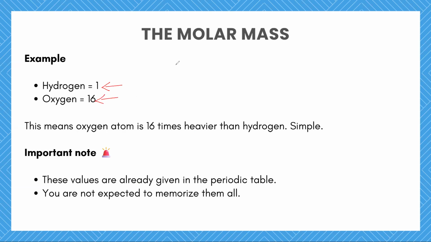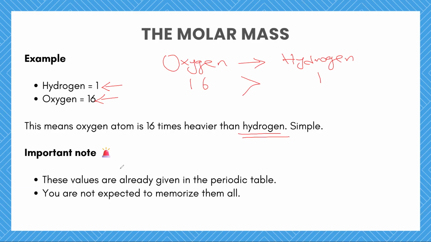It means that when you compare oxygen to hydrogen, hydrogen has a relative atomic mass of 1 and oxygen has that of 16. It means oxygen is 16 times greater in atomic weight than hydrogen. It is as simple as that.